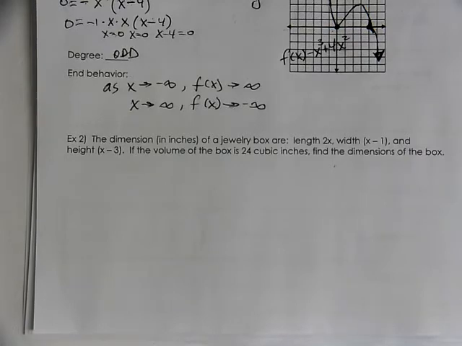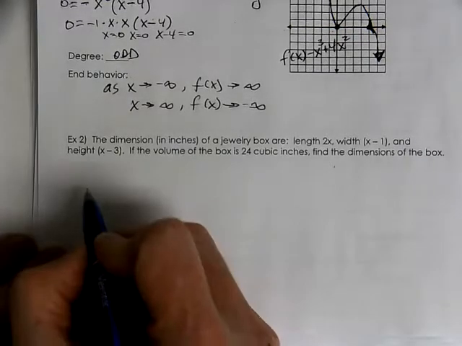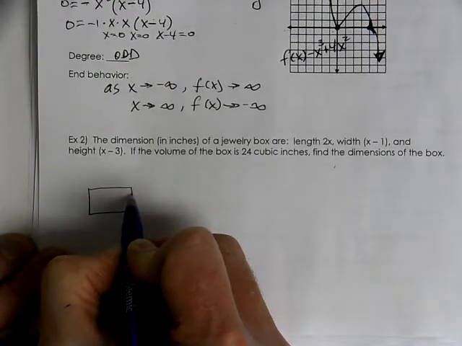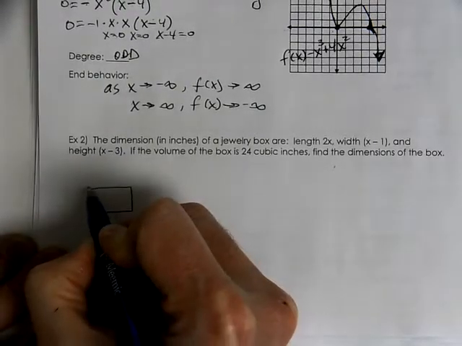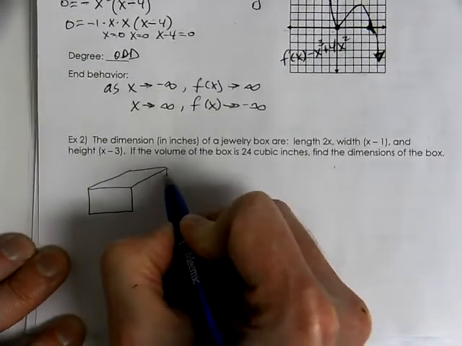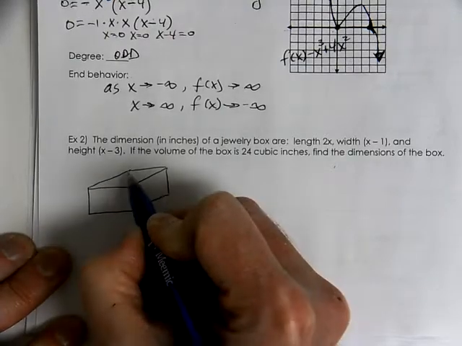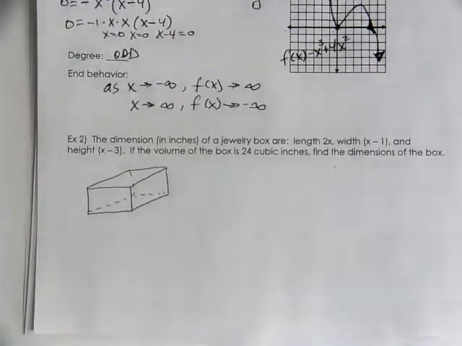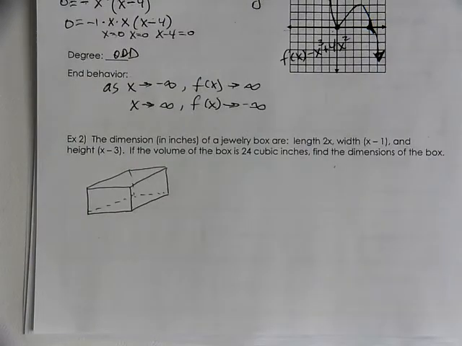Our last question that we have, we're looking at the dimensions of the jewelry box. So if I make a sketch of a possible jewelry box, I'm sure this looks just like everyone else's jewelry box. This is a rectangular prism.